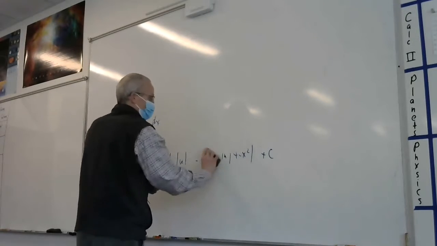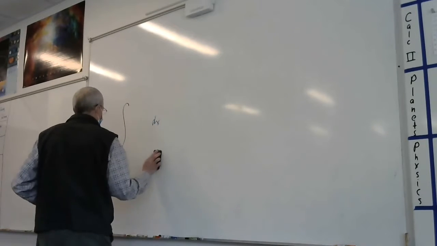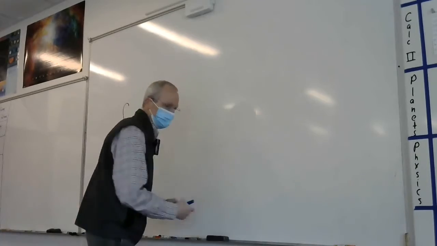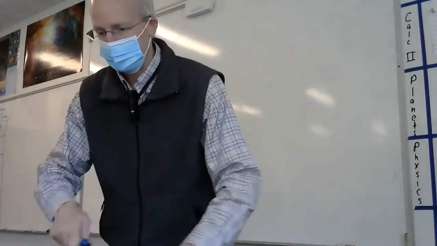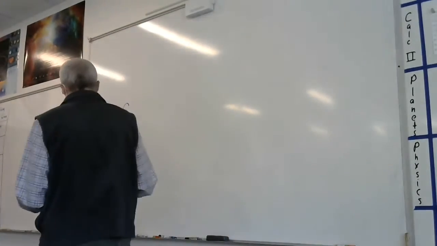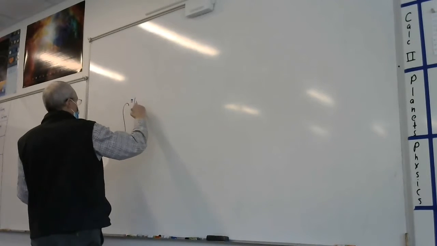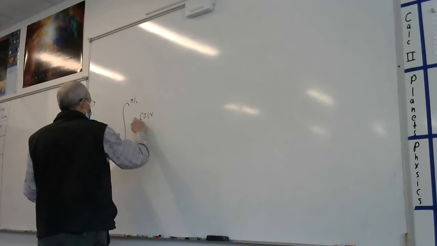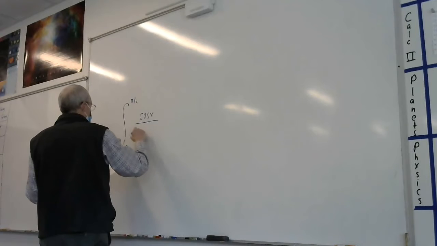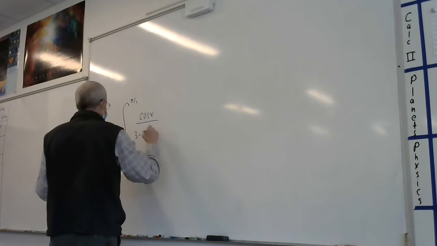We got all this cosine sine stuff, which looks complicated, but it works out really well because it's just the integral from 0 to pi over 2 of cosine x over 3 minus 2 sine x dx.